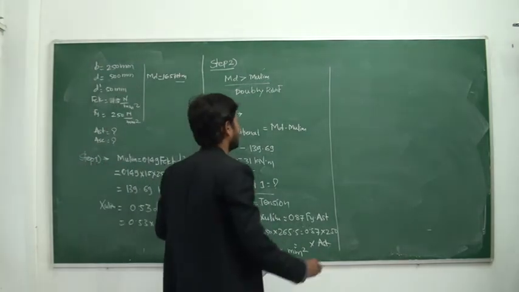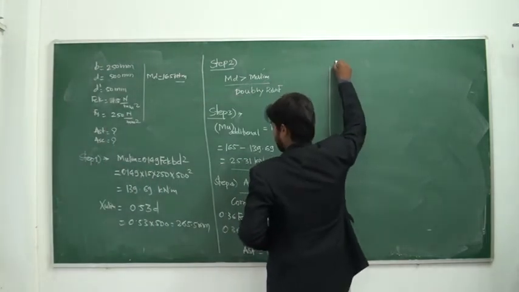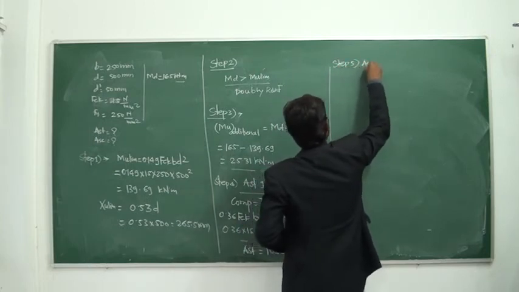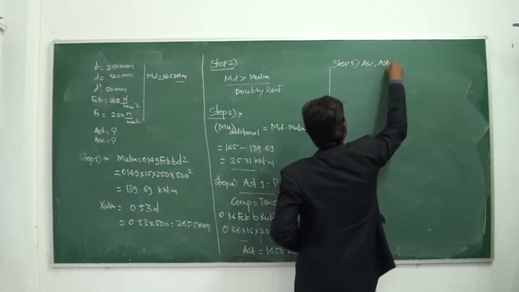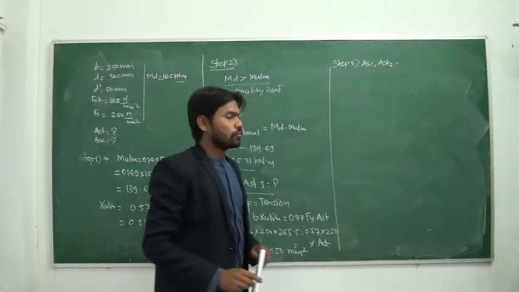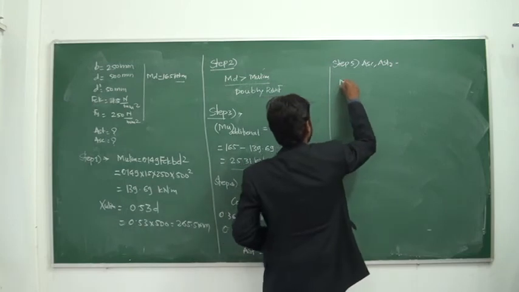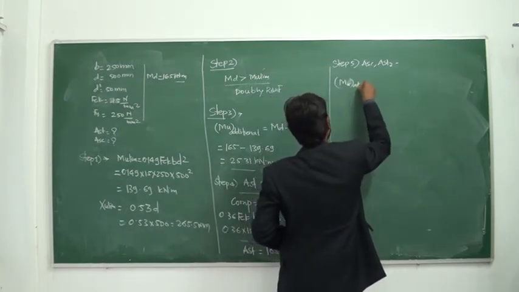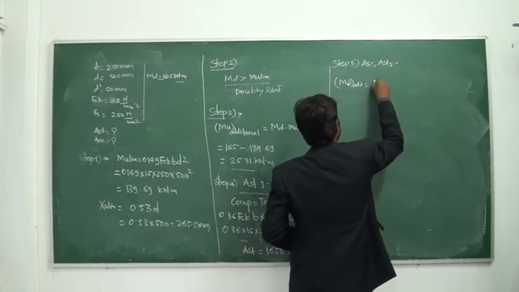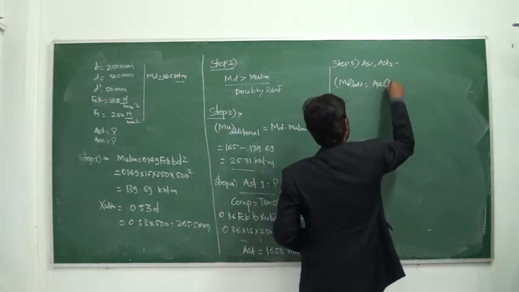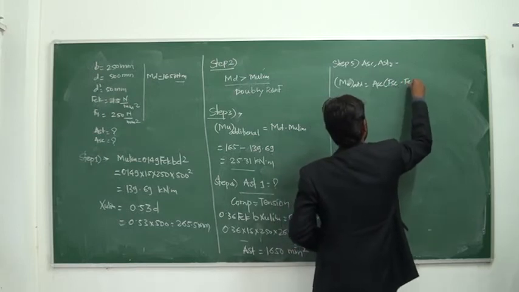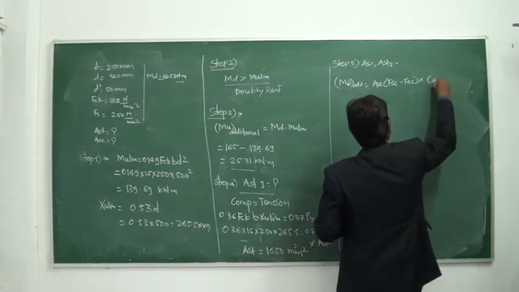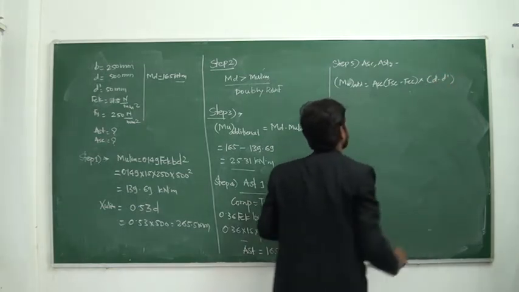So now the next point is calculation of ASC and AST2. For that we know the equation: Mu additional is equal to ASC into bracket FSC minus FCC, multiplied by D minus D dash.